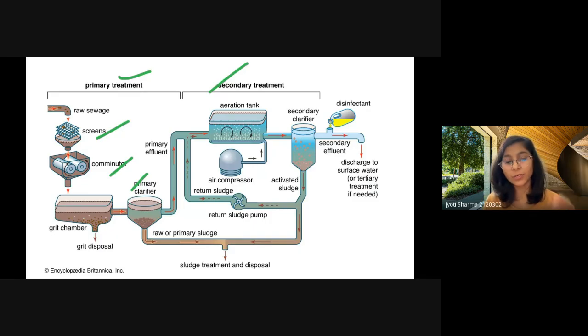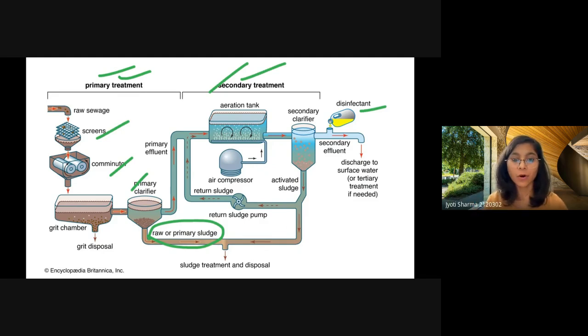But you need to care that even after primary treatment, secondary treatment, or tertiary treatment, you will get some sludge. Sludge is the waste part that you will have after each step. This is the raw or primary sludge.